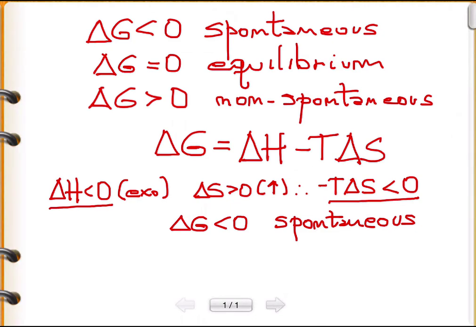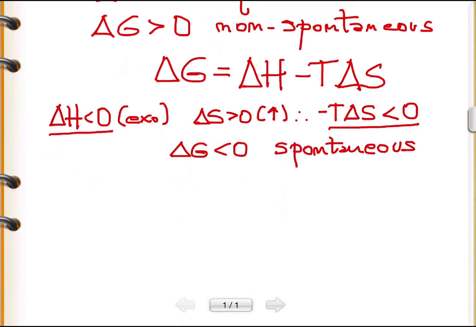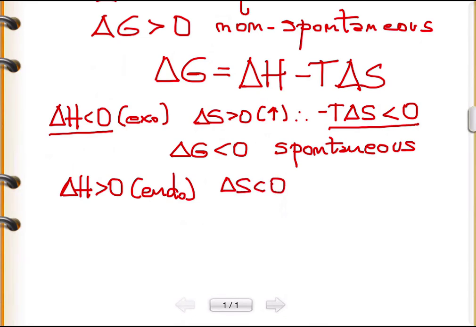Okay, so a reaction that's exothermic and is increasing the entropy, both factors are favorable. So there is no way, regardless of the temperature, that this reaction is not going to be spontaneous. The reverse case is when we have a reaction that's endothermic, and a reaction that's decreasing the entropy, delta S smaller than 0.